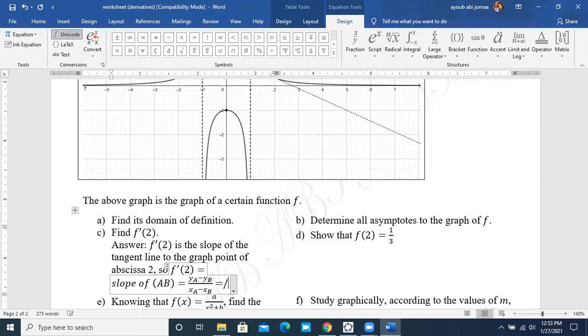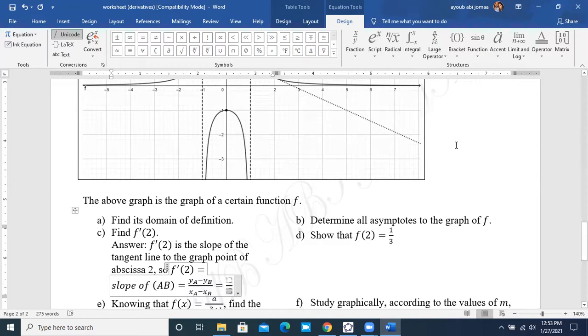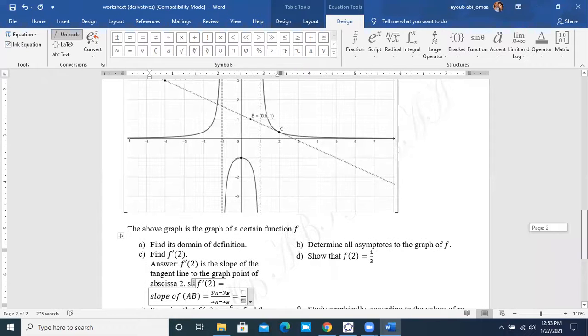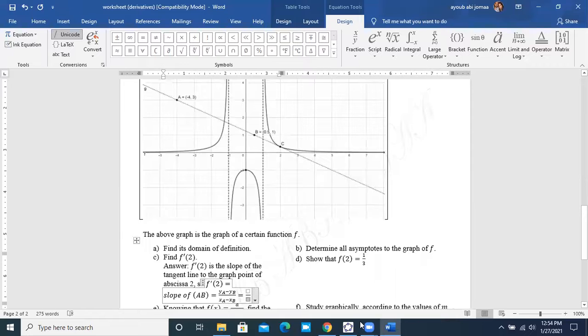Which is equal to, replace. Let's make the screen a bit smaller so everything stays visible in front of me. Okay, now we zoom back in. So replace: ya minus yb. ya is 3, yb is 1, over xa is negative 4, xb is 0.5.